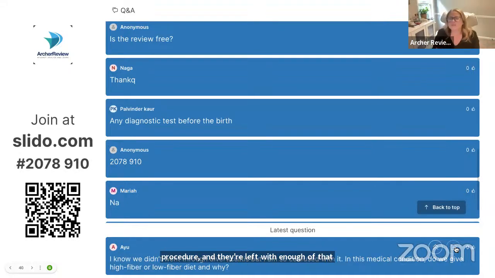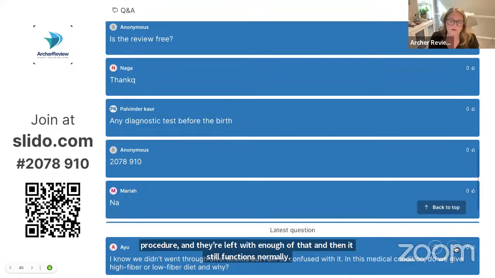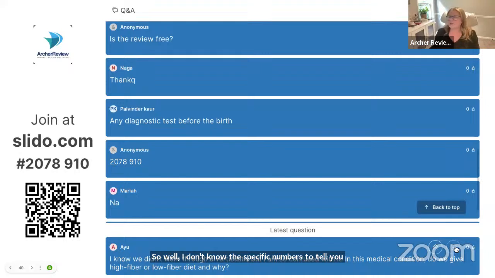While I don't know the specific numbers, and that wouldn't be something that would come up on your NCLEX, the majority of the time, it's not so much that it's going to affect their absorption and nutrition for the rest of their lives. We can remove that part that's not working and they can still function a-okay.